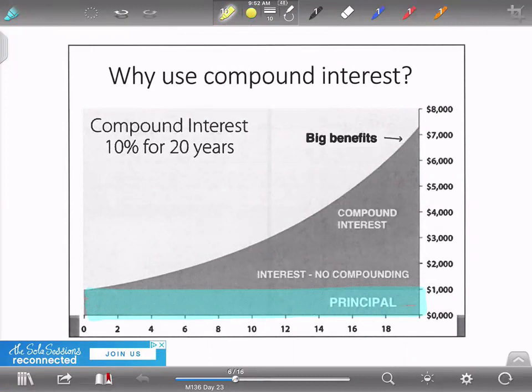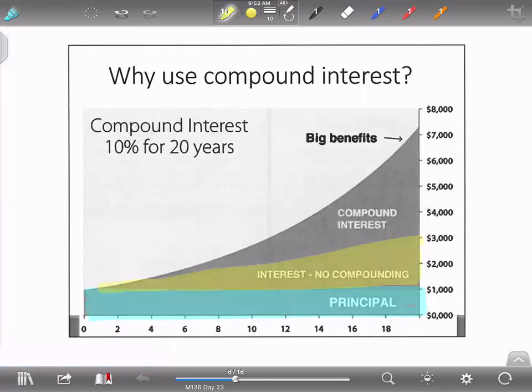Your simple interest is this region right here. With simple interest, you're gaining the same amount of money every year on that $1,000 for the entire length, in this case, 20 years.